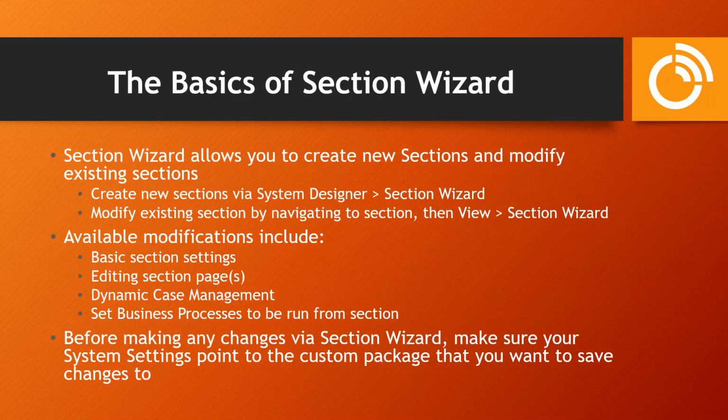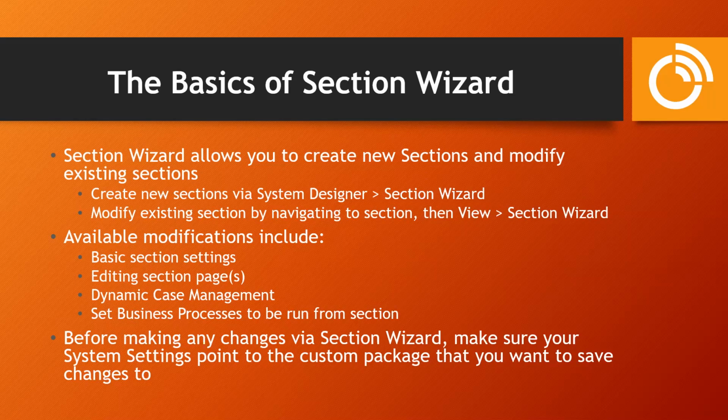For sections that already exist within Creatio, you navigate to the section, and then you click View in the top right corner and Section Wizard. Basic modifications include basic section settings, editing section pages, dynamic case management, and setting business processes to be run directly from a section.